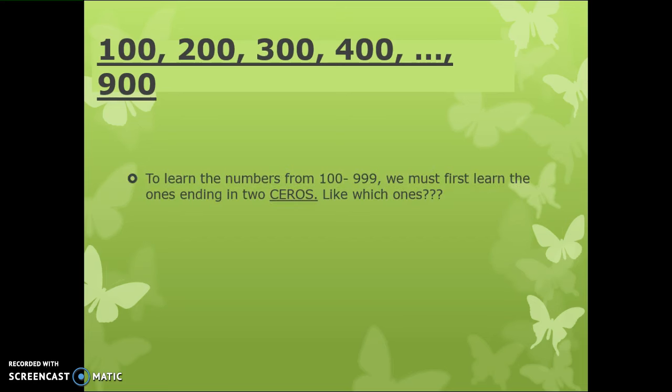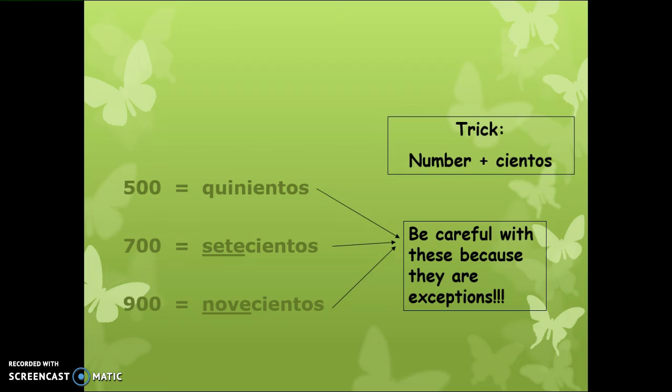So, to learn the numbers from 100 to 999, we must first learn the ones ending in ceros or zeros. So, which ones? So, I first want to start off, and this may be a little weird, but with 500, 700, and 900, because these are not going to follow the normal pattern to what we're about to see. 500 is quinientos, 700, setecientos, and 900, novecientos.